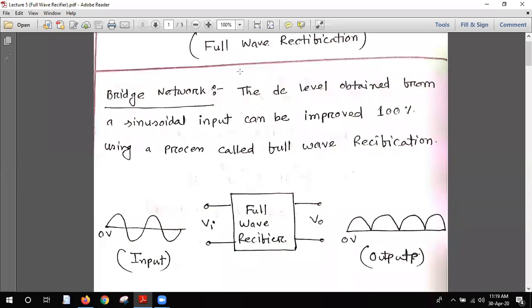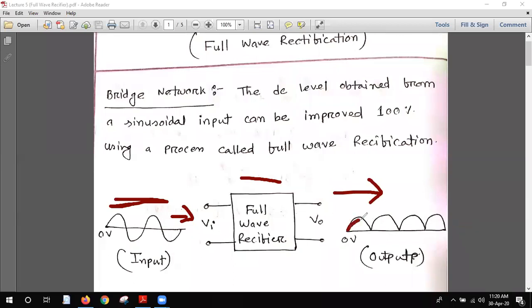So basically it will be something like that. This is the input, and this is the full wave rectifier circuit. When we give this input to the full wave rectifier, it will give the output something like that. You see that everything is in the output.